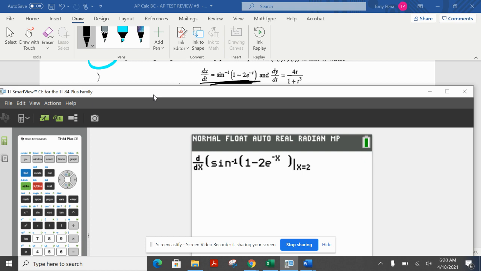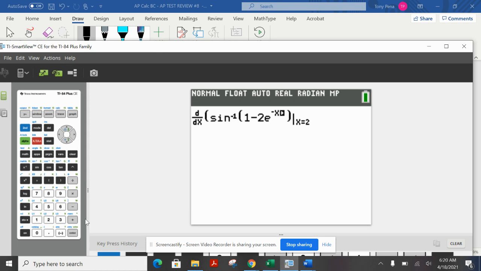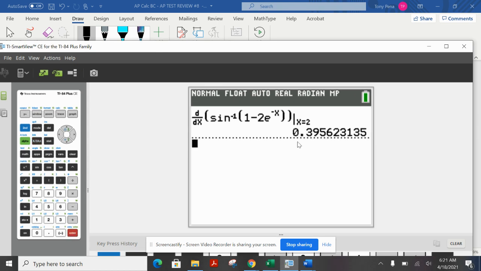All right, let me take one more peek. So we want the derivative of inverse sine of 1 minus 2e to the negative t, and then that should give it to us. All right, so we get what? 0.396.